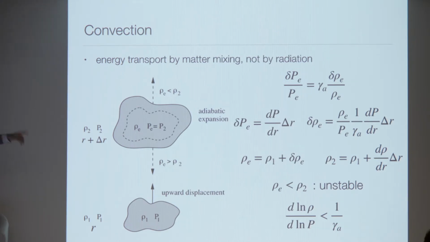If this kind of instability happens in the star, then this material will keep moving for a while and then stop at some time, and that can be continued, and that leads to the mixing in a star, as well as efficient energy transport in the stars.